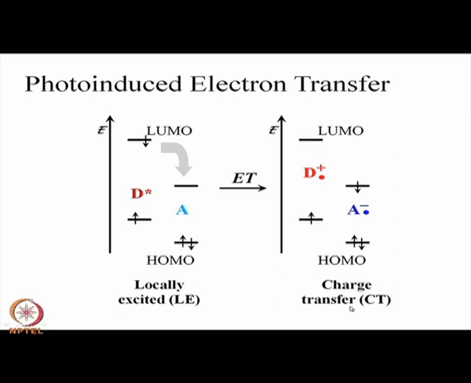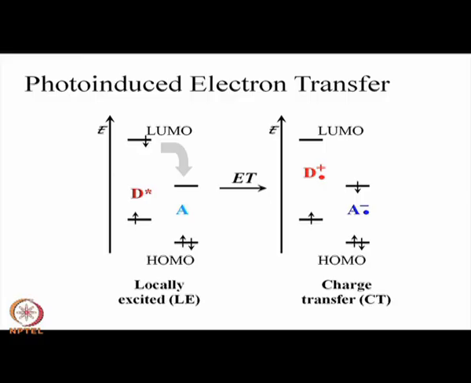So, this is also a charge transfer, but the earlier one was normal, ground state electron transfer, like what you do in a chemical laboratory without light, where if you mix some oxidant and some reductant together, you will have a chemical reaction.